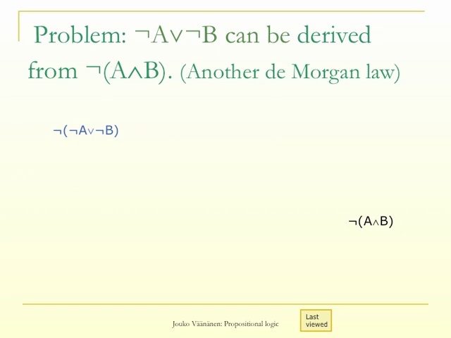To write down the derivation, we start by writing down the assumption not left parenthesis A and B, right parenthesis, and the denial, negation, left parenthesis, negation A or negation B, right parenthesis, of what we try to prove. Since we have denied our claim, we are using an indirect inference, and we try to derive a contradiction.